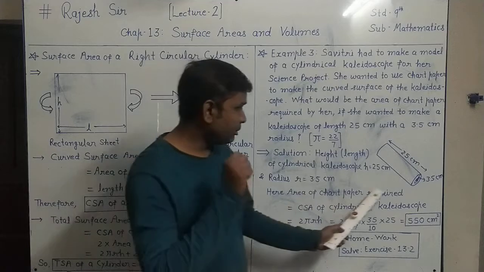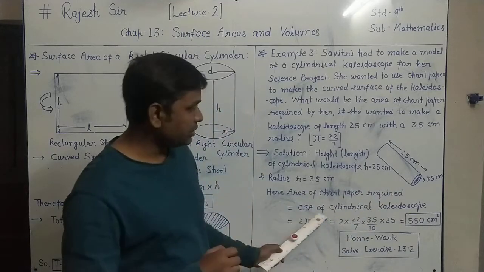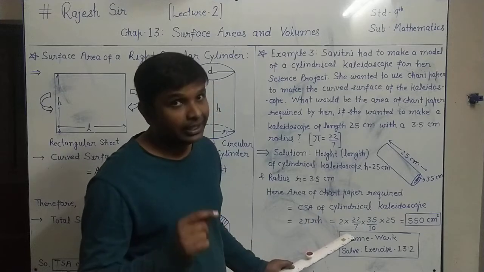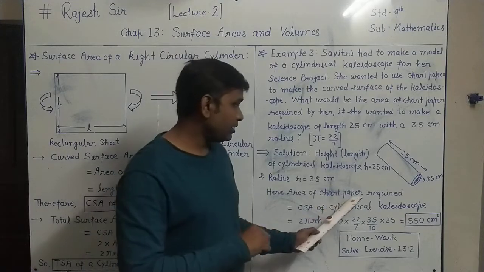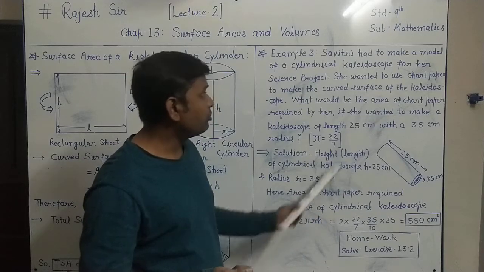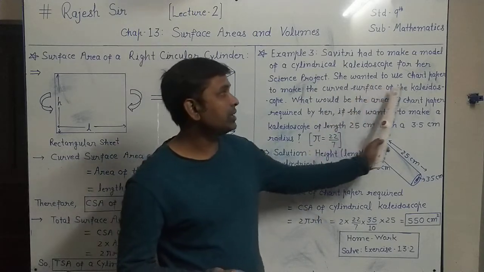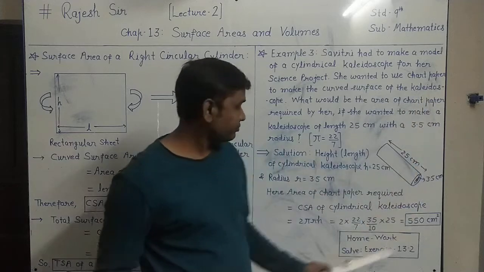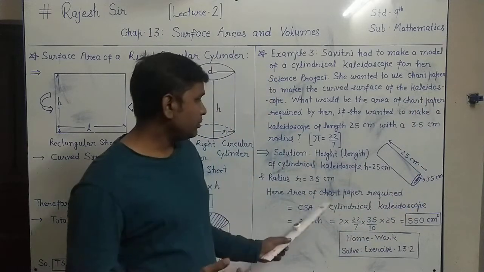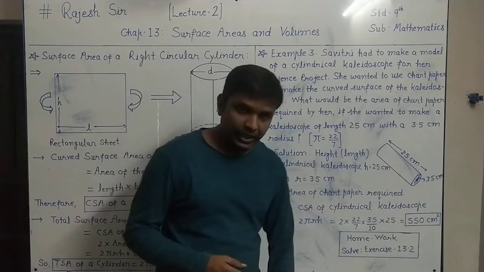So area of the chart paper required is equal to CSA, curved surface area. Why are we taking CSA, not TSA? Because with this paper Savitri covered only the curved part. In the question given, curved surface area she covered. So CSA of the cylindrical kaleidoscope will give the area of the chart paper required.